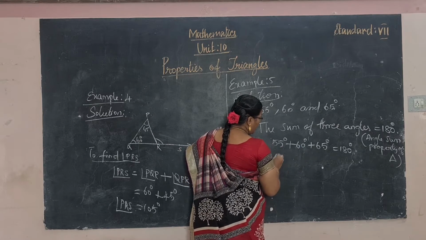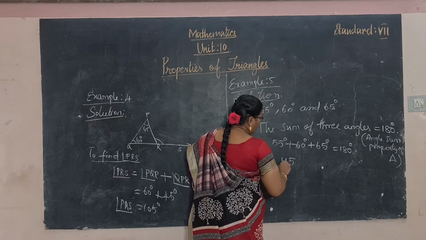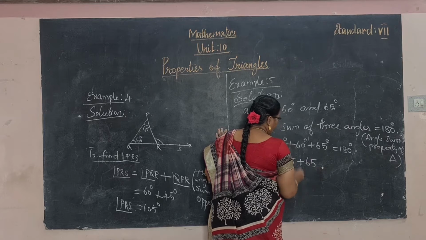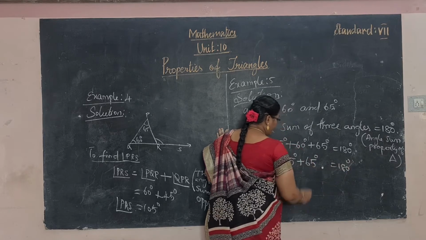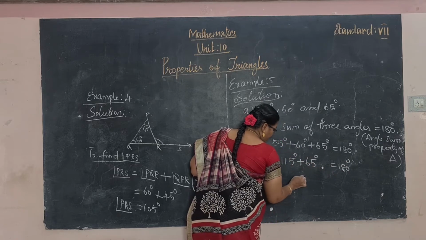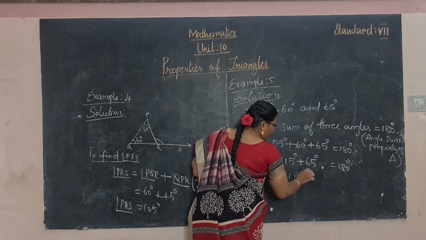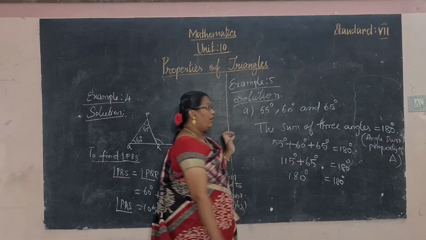Now add these 3 angles. 65 plus 60, what we get? 115 plus 65 degree, here 180 degree. So add this value, 5 plus 5, 10, 0, 1, so 8, 180. So left hand side and right hand side are equal.